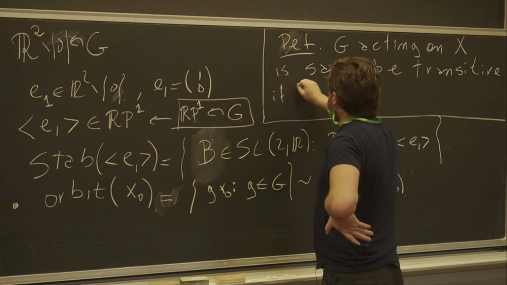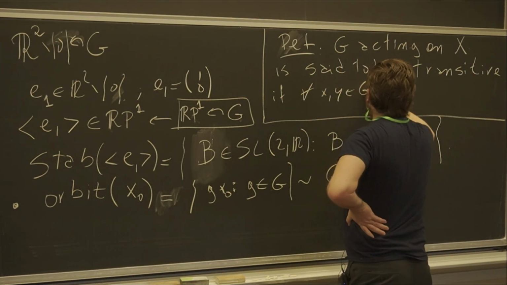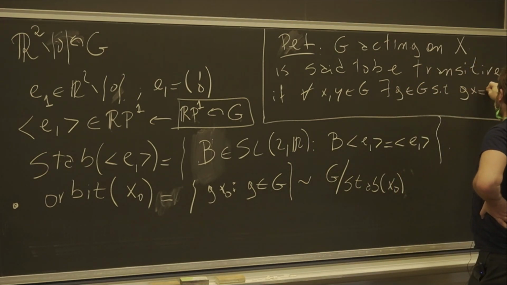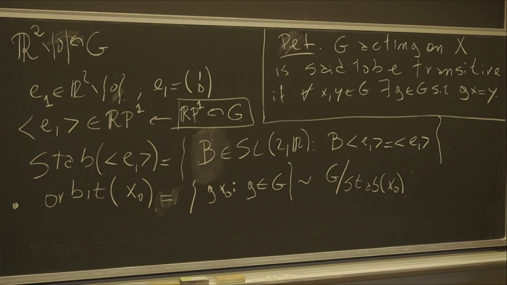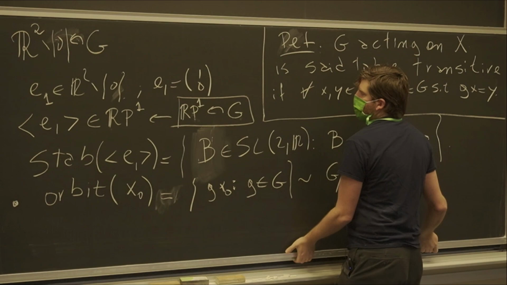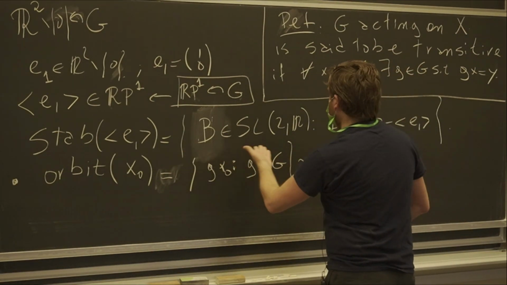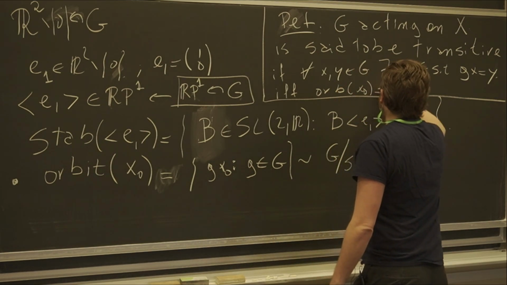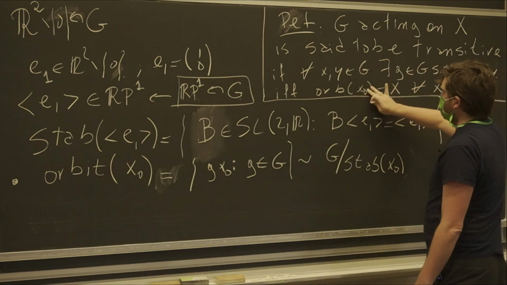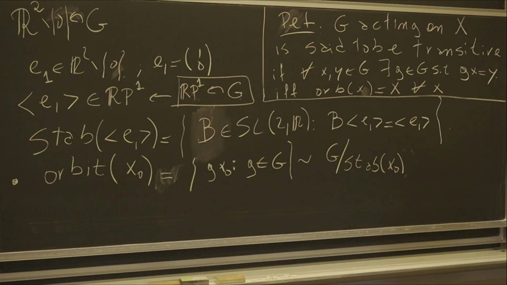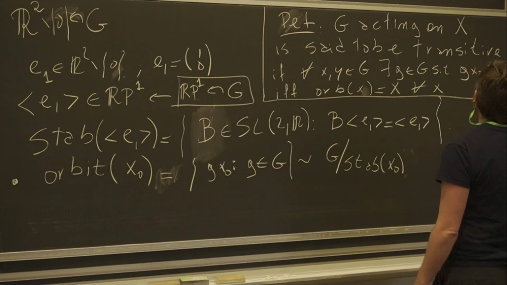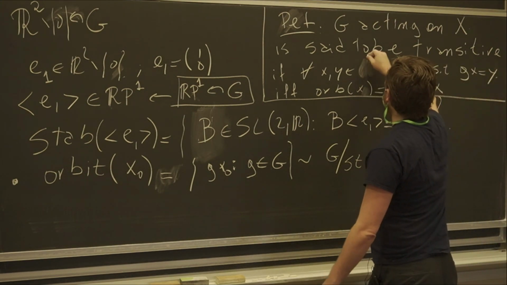If for every x, y in X, there exists g in G such that gx equals y. So you can move from wherever you want to wherever you want. Or if you use this definition, the orbit of every point is everything. Yes, thanks.